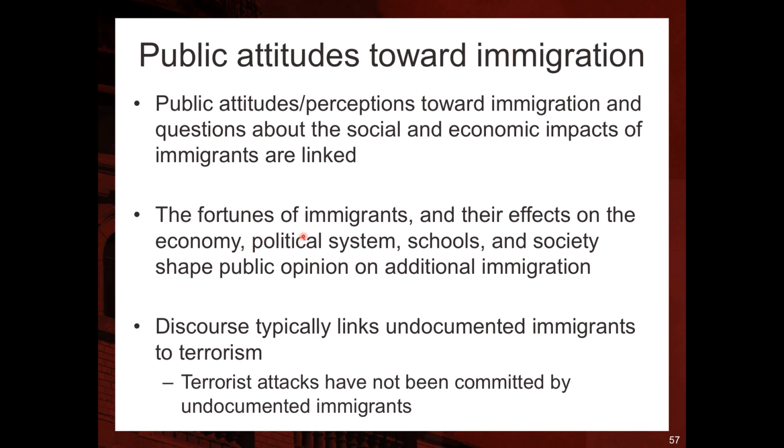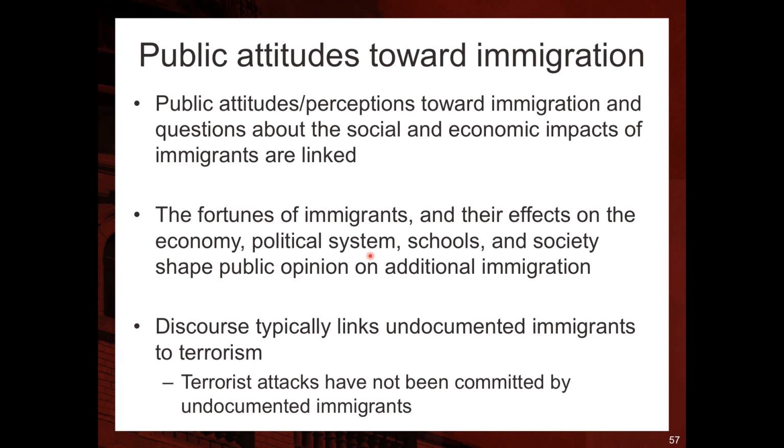So the fortunes of immigrants and their effects on the economy, political system, schools, and society shape public opinion on additional immigration. Usually, all the effects that these immigrants have in all these different areas of our society will shape what other people think about immigrants themselves and whether we should increase immigration to the country.